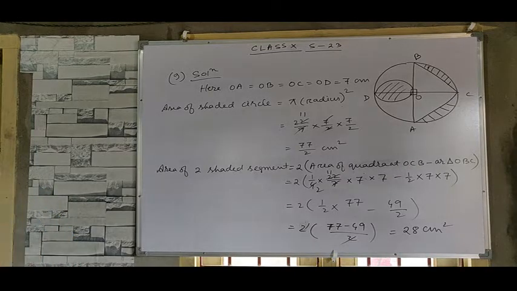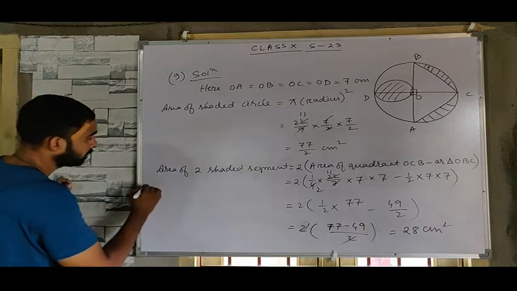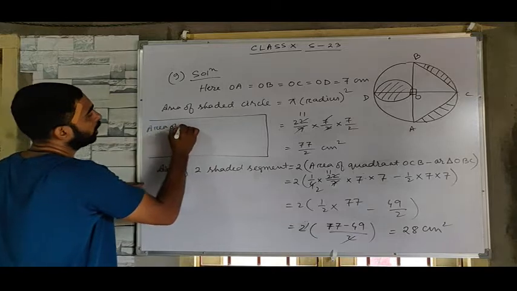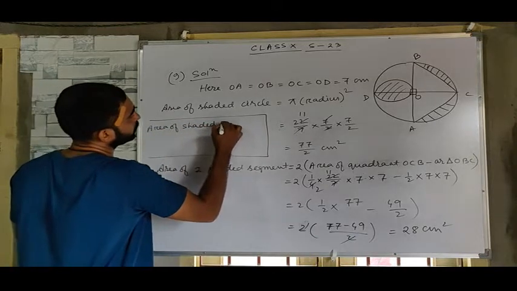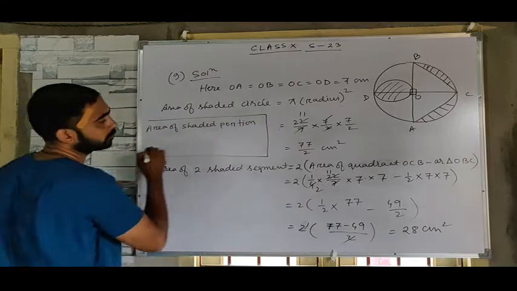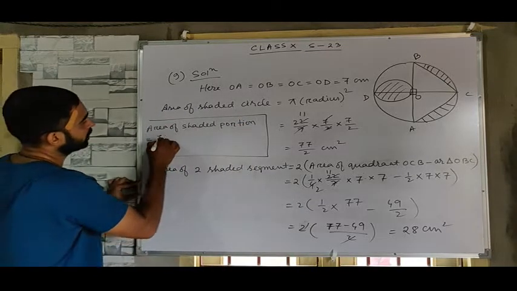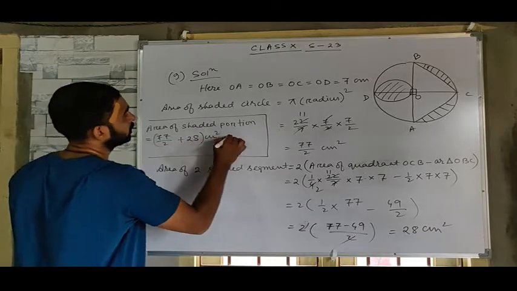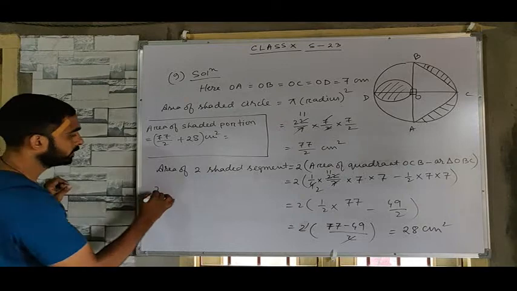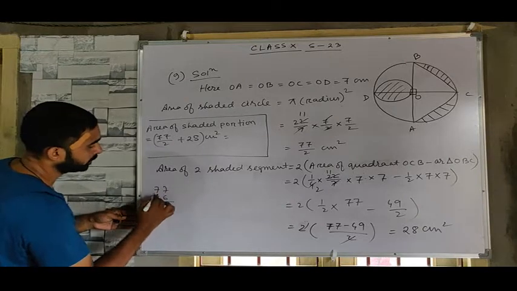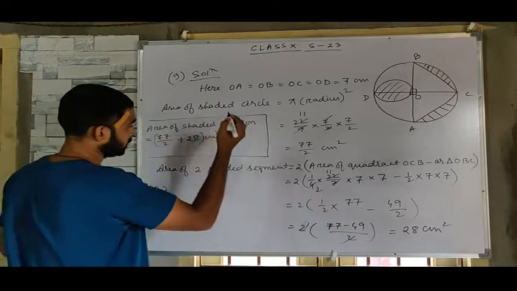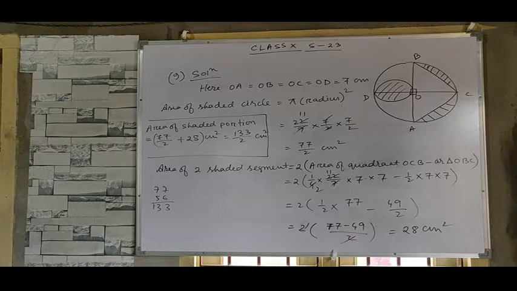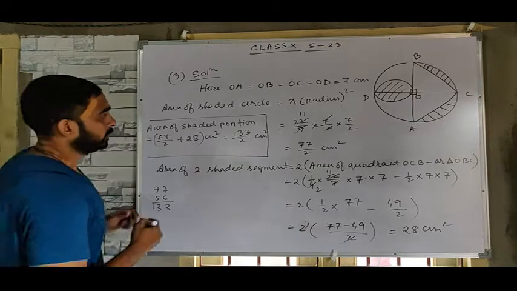So what is the answer? Therefore, area of shaded portion equals 77 by 2 plus 28 square centimeter, equal to 77 plus 56 by 2, which is 133 by 2 square centimeter.